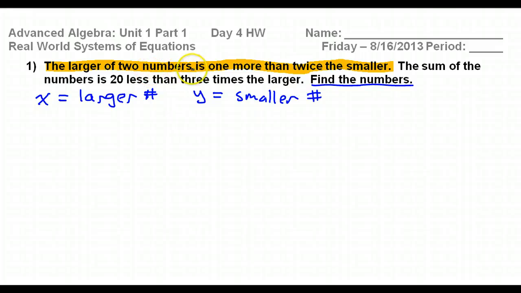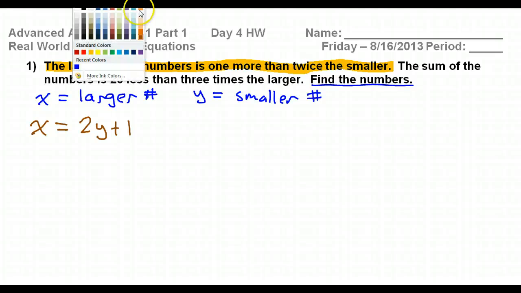So the larger of the two numbers is, we just said that x was the larger number. So x equals one more than twice the smaller number. So that's twice the smaller number plus 1. Boom! This is the equation that matches that sentence. So far, so good.